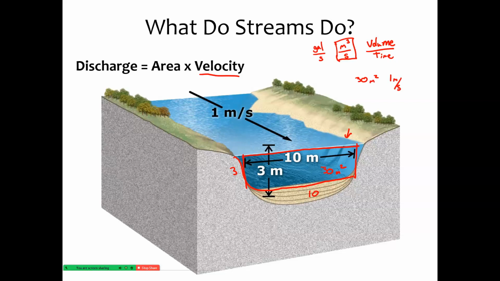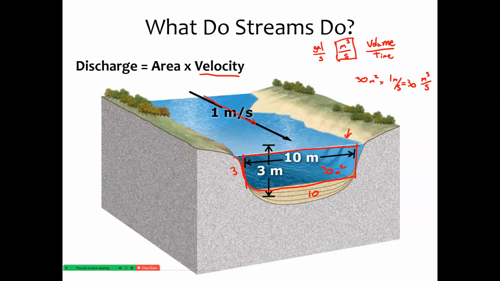Using the units, it can clue you in that if you were to multiply these together, you would get units of meters cubed per second, which is discharge. In this particular river, the discharge is 30 cubic meters per second. And we got that from knowing the area and knowing the velocity.